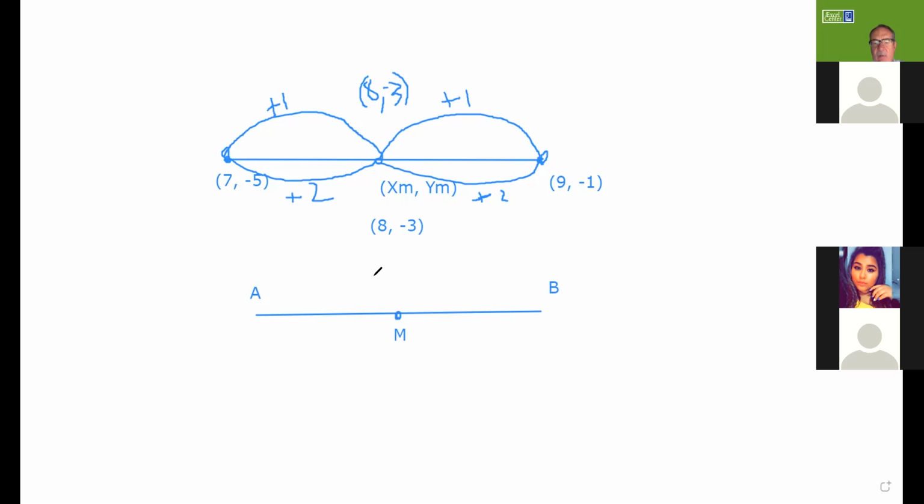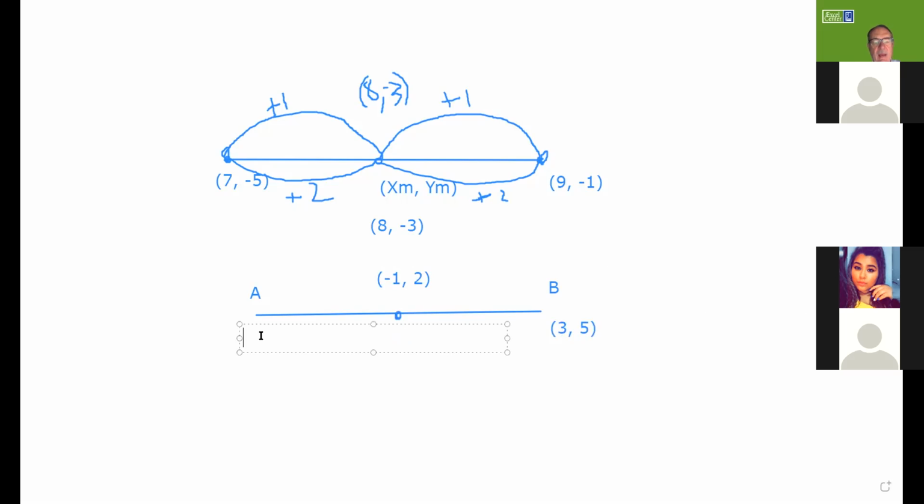The value for the midpoint is (-1, 2). We know what B is. It's (3, -5).